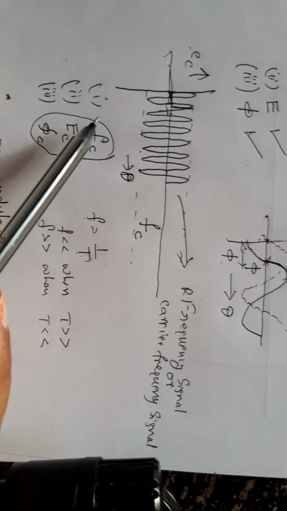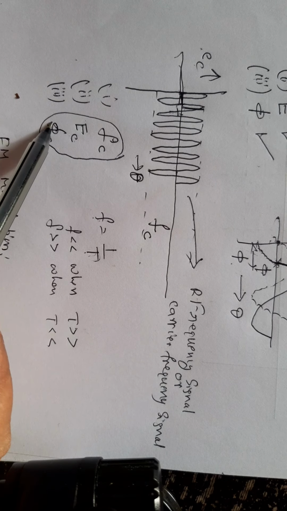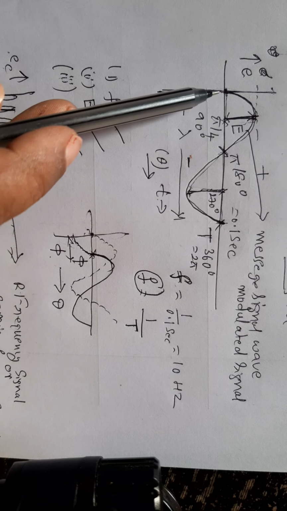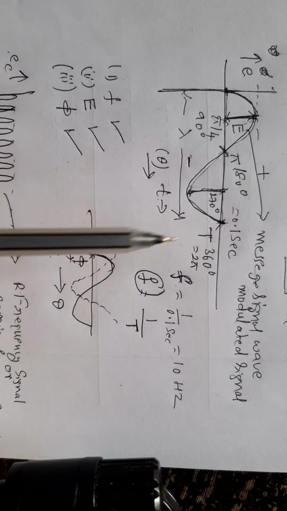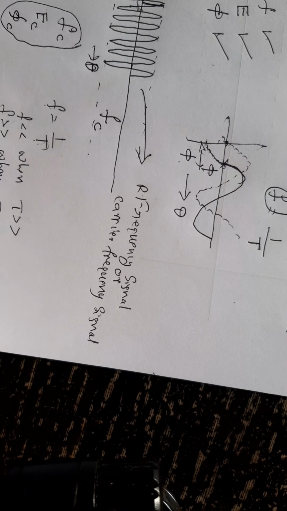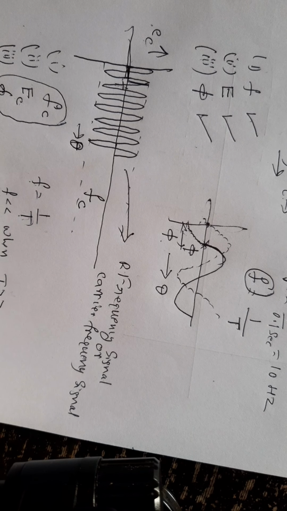Any one characteristic of this high frequency signal must be changed in accordance with this modulating signal, in accordance with this message signal. That is called modulation. So modulation is nothing but changing the characteristic of a high frequency signal as the amplitudes of the low frequency signal.